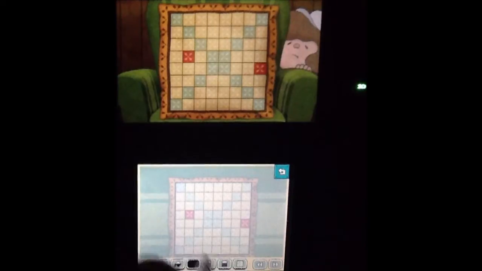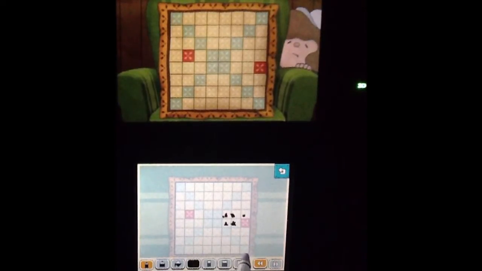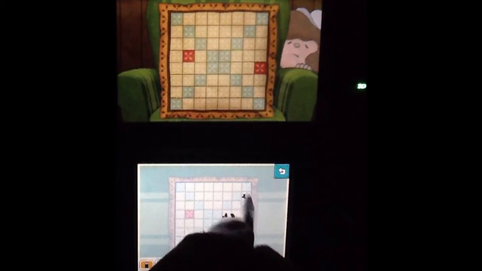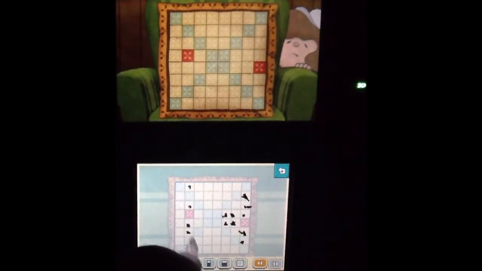Let's start with the right quadrant. Squares can't be here. That would put them in the exact same row as other red squares. Squares can't be here because that would put them in the exact same column as other red squares.